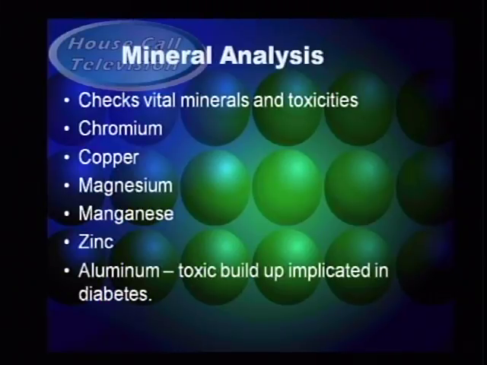Aluminum may have a toxic buildup in here, and actually aluminum is implicated in diabetes. So the deficiencies of several of these minerals have been identified with patients with diabetes. So we're looking at correlations there between the minerals and insulin insensitivity, where they can have excess urinary losses of these minerals just because it's used in dealing with excessive sugar.